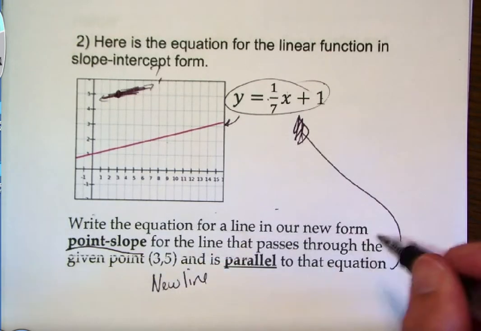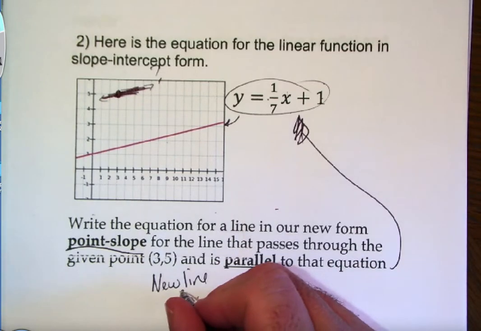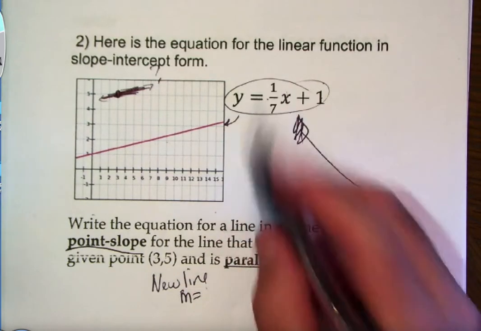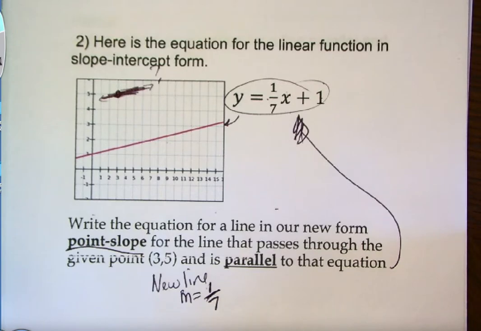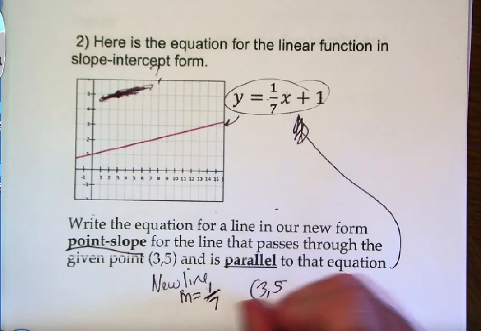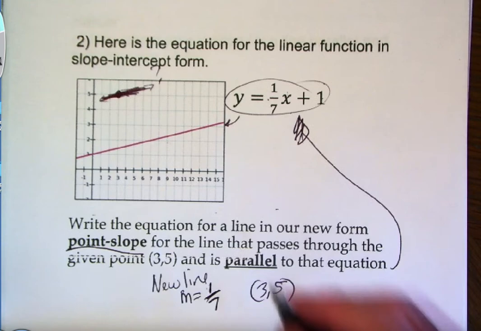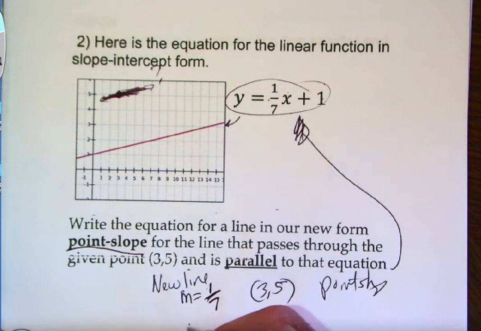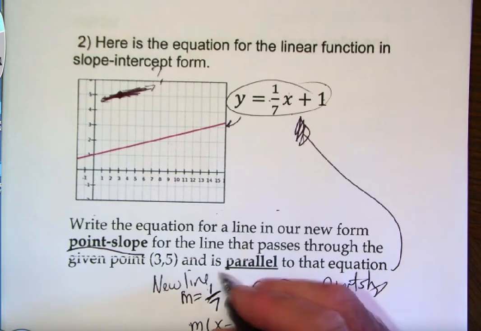What we find is that this new line has the same slope. We know that its slope has to be the same as this one, 1/7. What else do we know about this new line? Well, we know it goes through the point 3,5. Oh, we can write the equation in point slope, which we did last lesson: m times x minus x1 equals y minus y1.